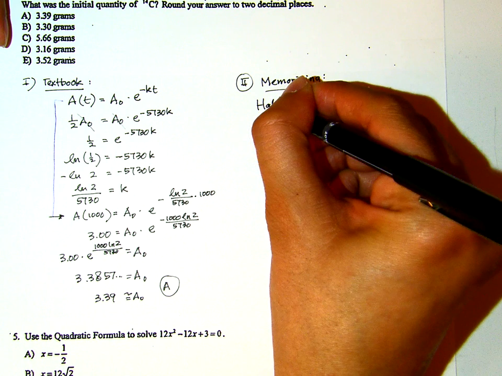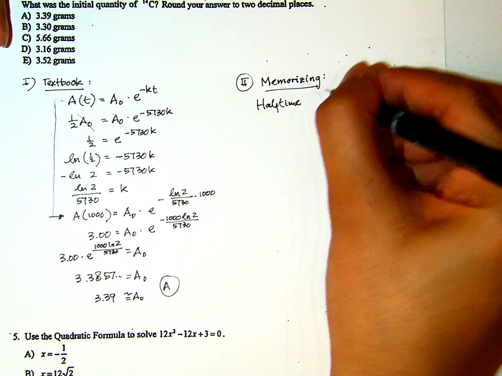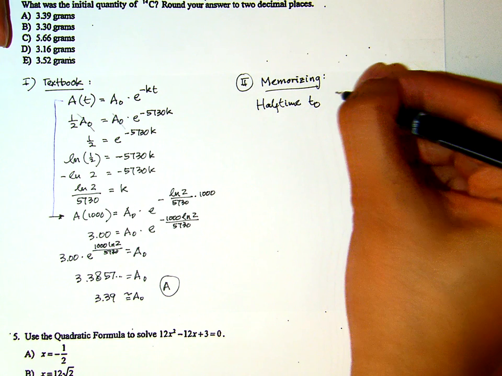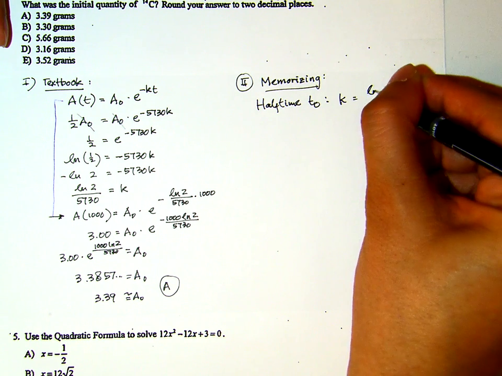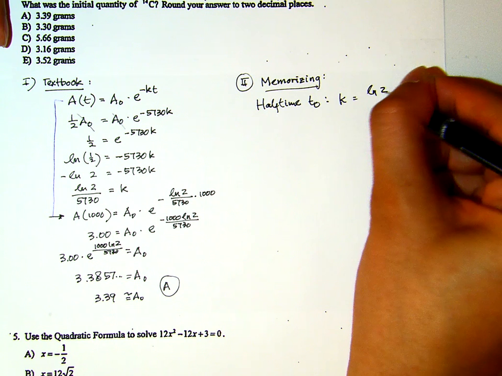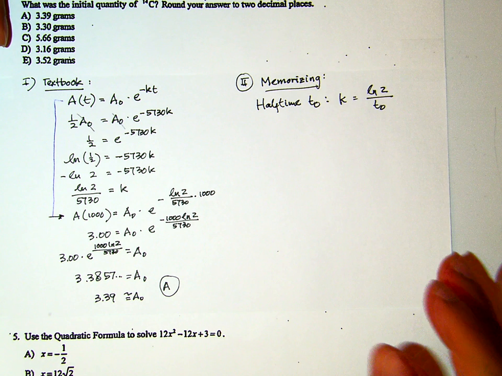If the half-life is called T naught, then K will be ln2 over T naught.